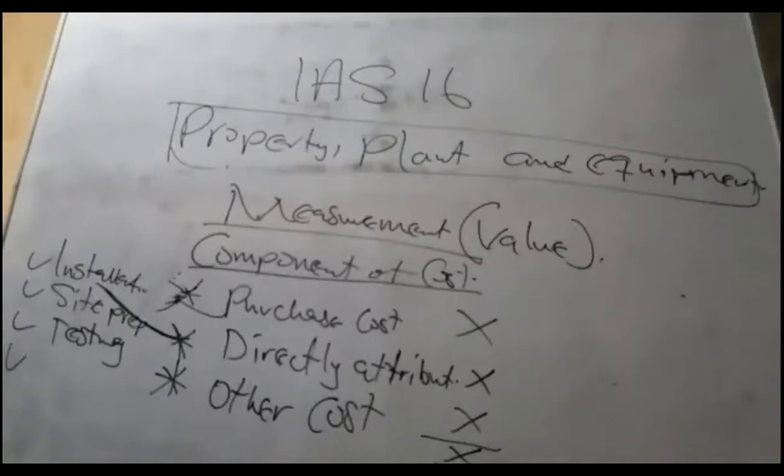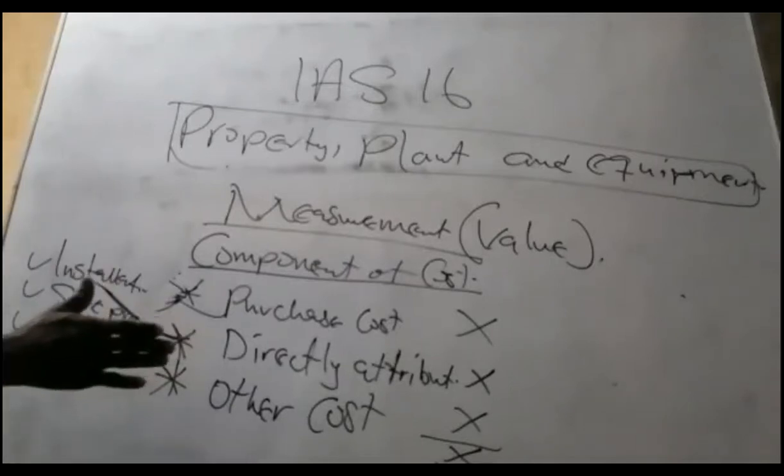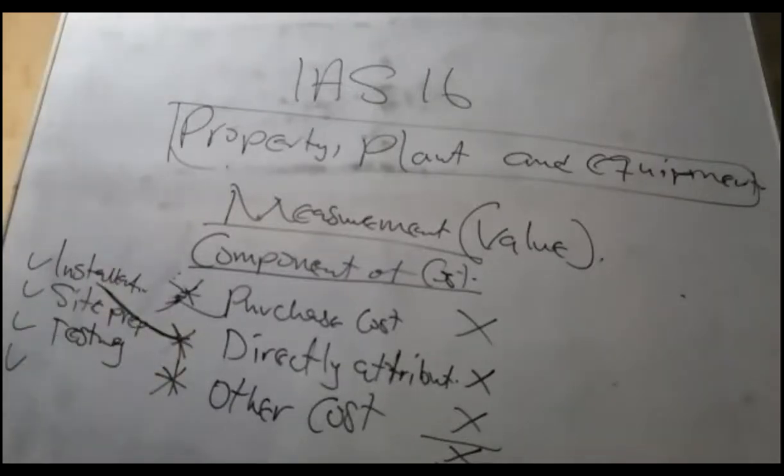Some of the PPEs you cannot acquire without a consultant. Other than that, you buy it and they'll come and sack you, like land. Then the land guys will take over, right? Good. So that's a professional fee. All of them form part of the directly attributable cost.